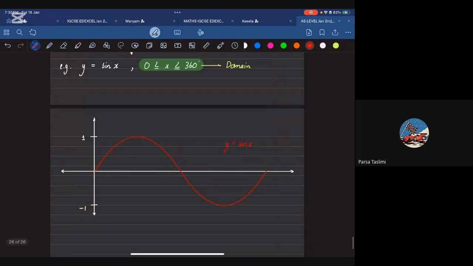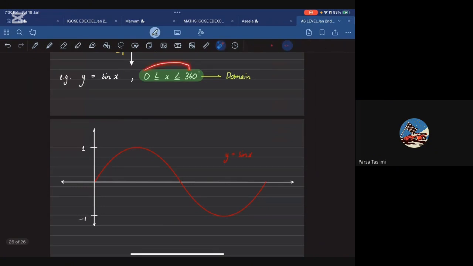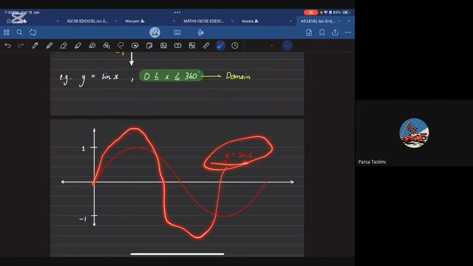I'm asking you, even if the domain wasn't given, or if there was any other domain given to you, would a graph for y is equal to sin x go above 1 and -1?